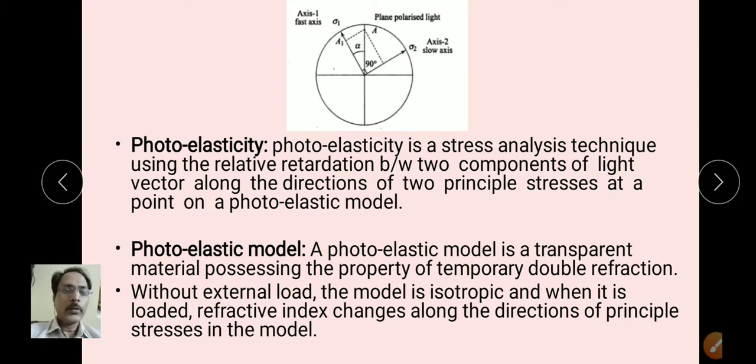Then the patterns obtained in the final view are considered for the analysis of stress. Without external load, the model is isotropic, meaning there is no variation of refractive index, and when it is loaded, the refractive index changes along the directions of principal stresses in the model.